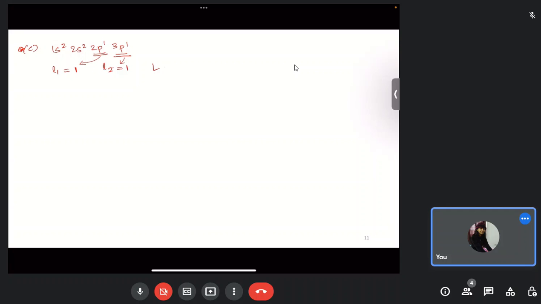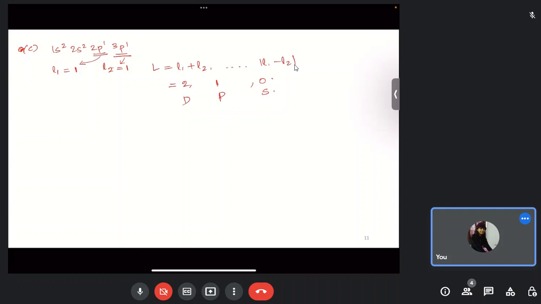The total orbital angular momentum is L1 plus L2 till L1 minus L2, so 1 plus 1, 2, till 0: 2, 1 and 0. The three possible L values are 2, 1 and 0, which correspond to the symbols D, P, S.